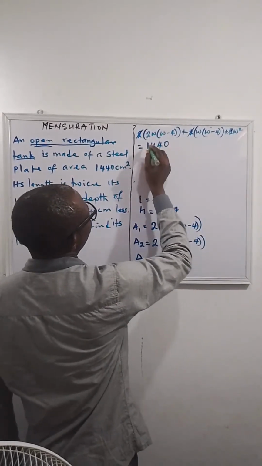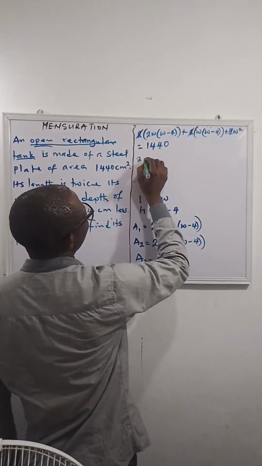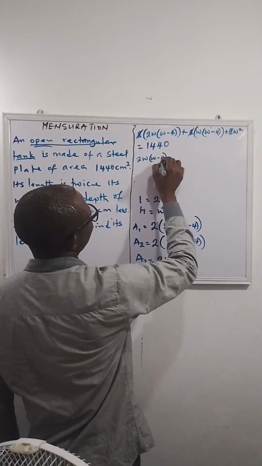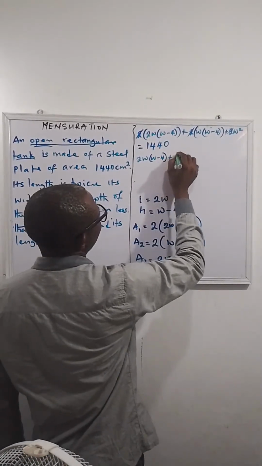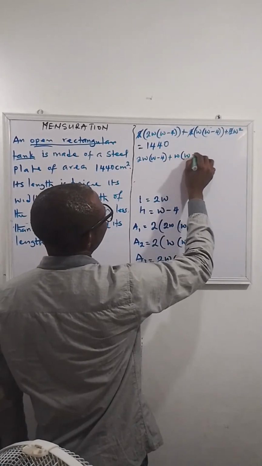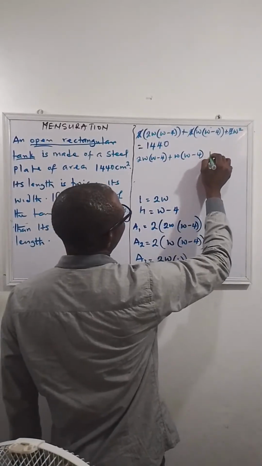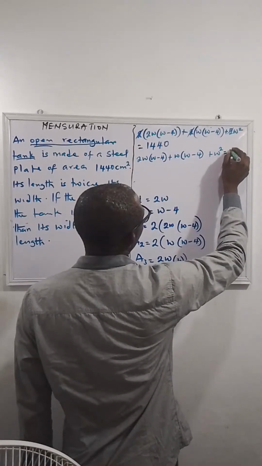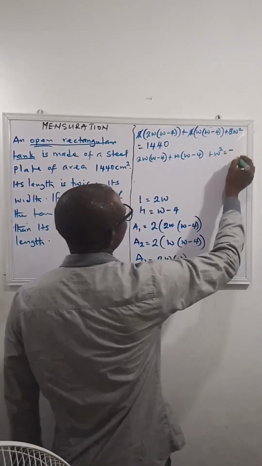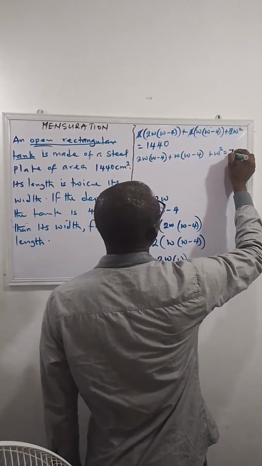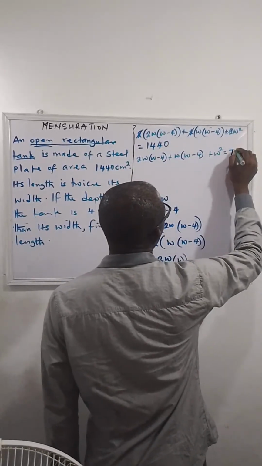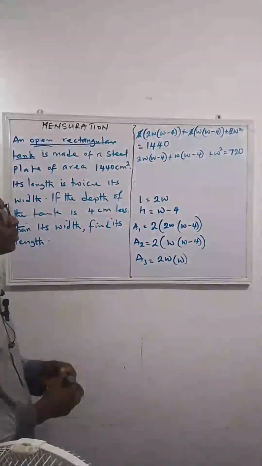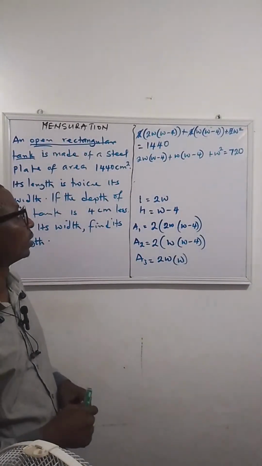So I'll be having 2w times (w minus 4) plus w times (w minus 4) plus w squared equals 720. Okay, you get that now? That's going to give you 720.